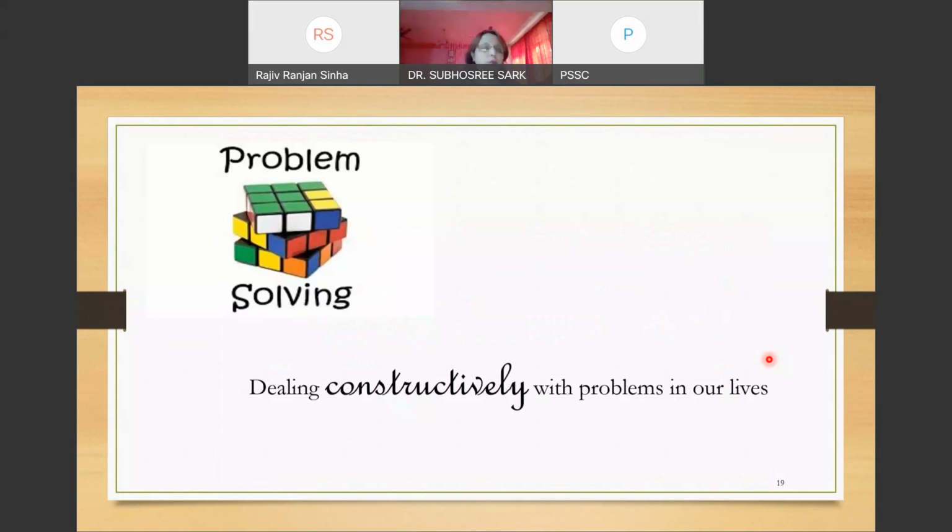So problem solving: what happens when the problems are allowed to linger? I don't want to go into that problem. Let it go, let it be there. But what happens when problems are allowed to linger? You have to deal constructively with problems in your lives, because significant problems that are left unresolved can cause mental stress.